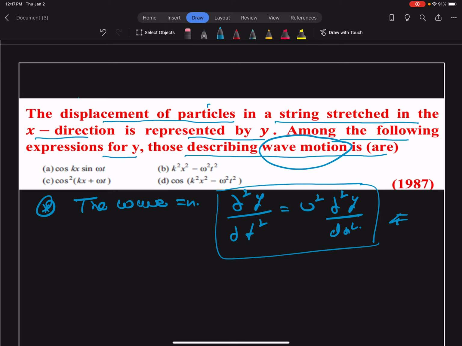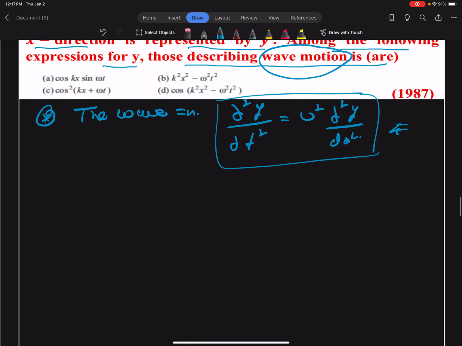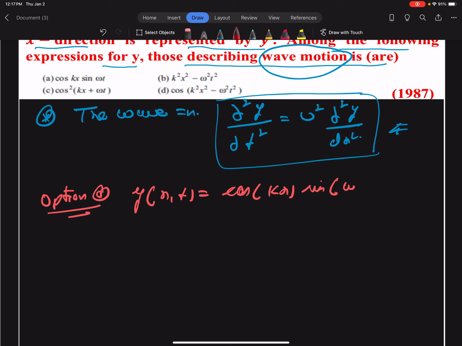Okay, so let us start with our first option. Option A, there it is given that y of x comma t is equal to cos of kx and sine of omega t.